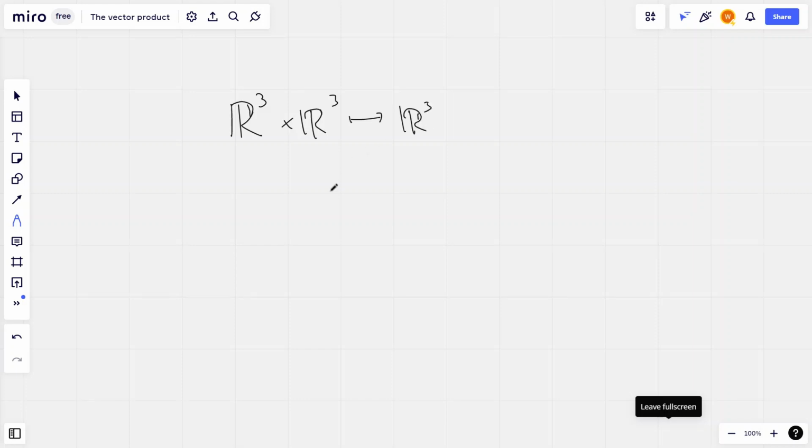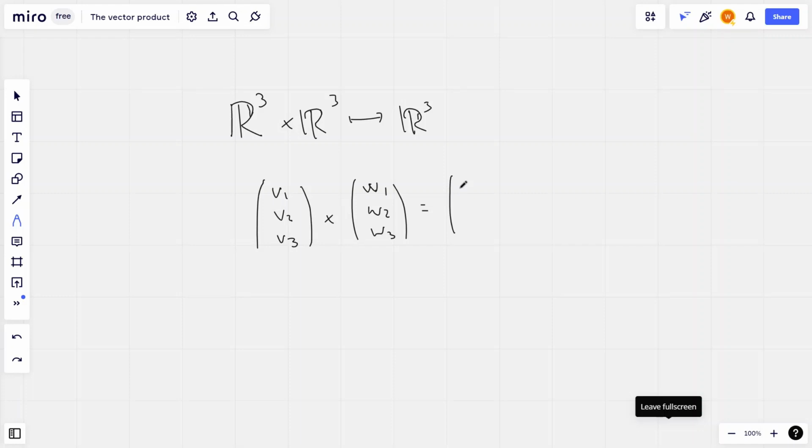And to define it, we write that if we have some vectors, let's say v1, v2 and v3, and we want to take the vector product of that and w1, w2, w3, then this is equal to, okay, so we want to ignore this first row at first, and then cross multiply here.